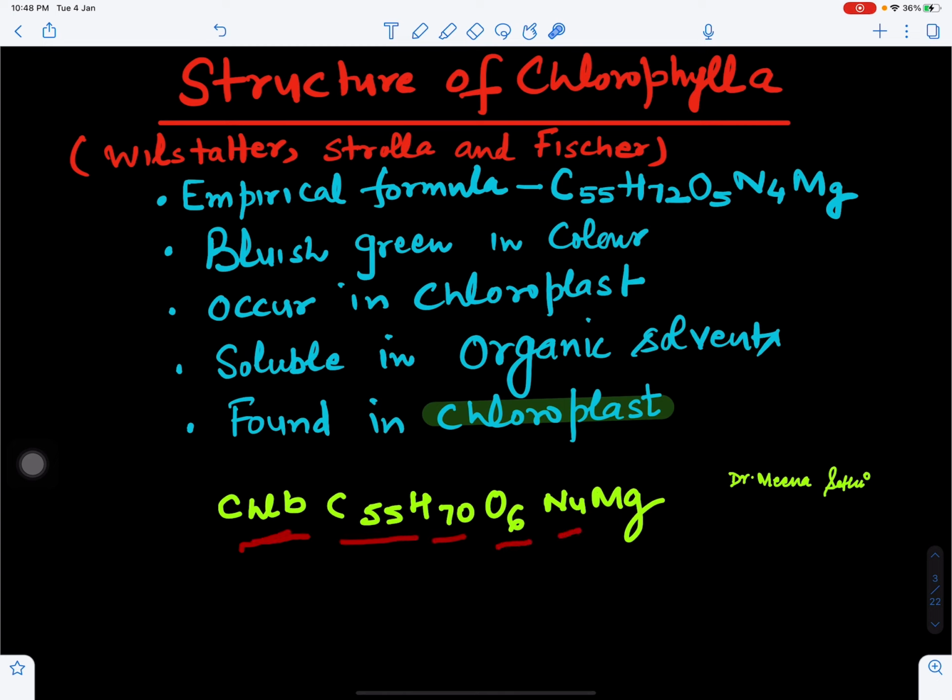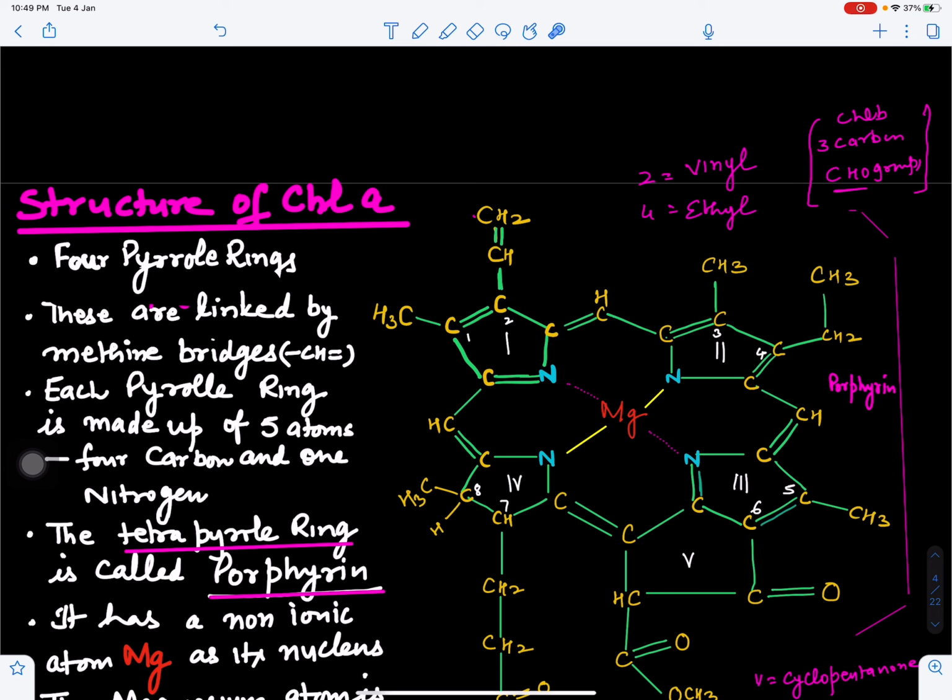These 4 pyrrole rings are linked with each other by a magnesium ion. The magnesium ion is connected with the 4 pyrrole rings by 2 covalent and 2 coordinate bonds. These 4 pyrrole rings are also connected by bridges, that is CH, which are called methane bridges.